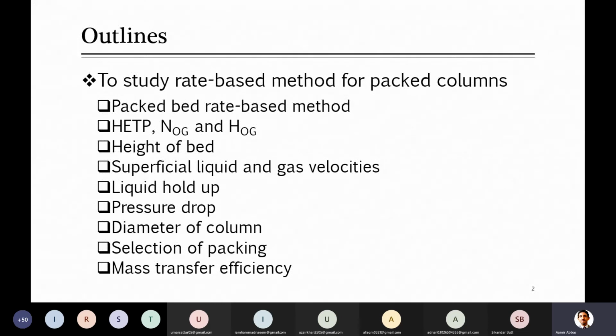When we have designed these, we know how much the velocities will be, which type of packing we have to use, what the column diameter will be, the pressure drop across the column, and at the end some calculation related to mass transfer efficiency. This is, I think, 6.7 and 6.8 from your textbook.